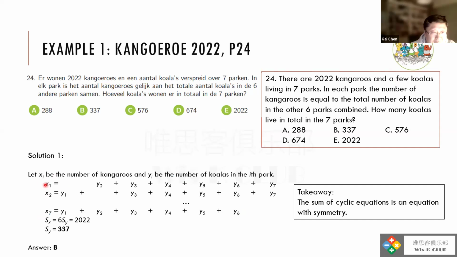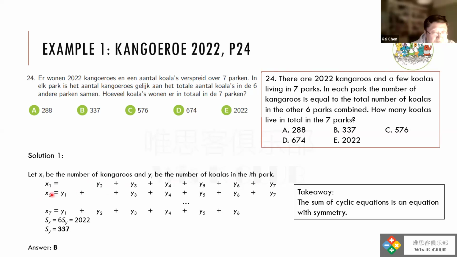Let's say I let xi be the number of kangaroos in the i-th park, and yi be the number of koalas in the i-th park. According to the conditions, for the first park, the number of kangaroos x1 is equal to the total number of koalas in the other 6 parks, so that's y2 plus y3 plus up to y7, right?